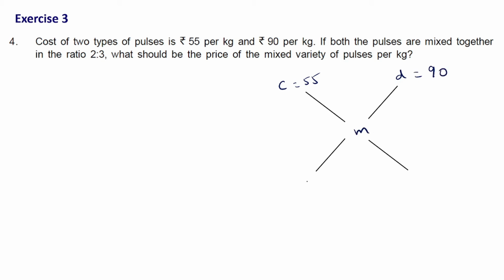So using the cross, here we have 90 minus M and here we have M minus 55. So we need to find M. So given cheaper quantity is 2, dearer quantity is 3.